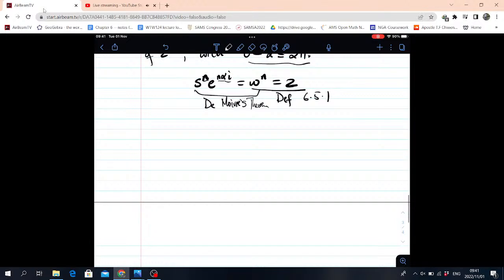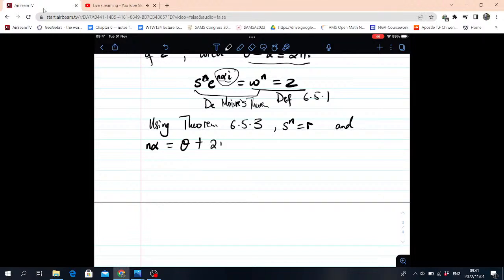And then we also know that, so using theorem 6.5.3, we know that s to the n has to be equal to r. That is given. And one other thing that we know is the argument for this complex number has to be equal to theta plus 2 pi k.